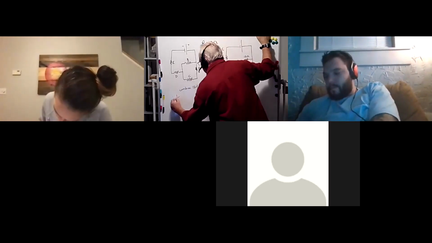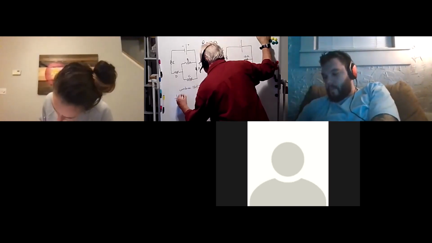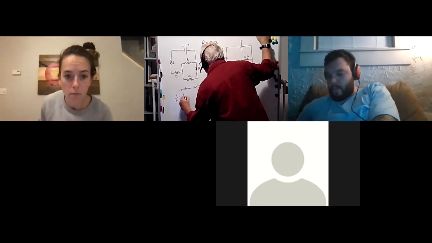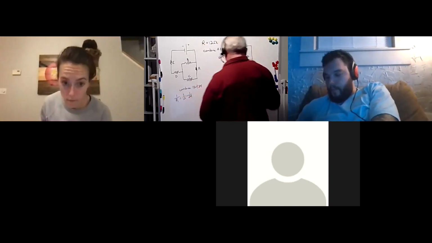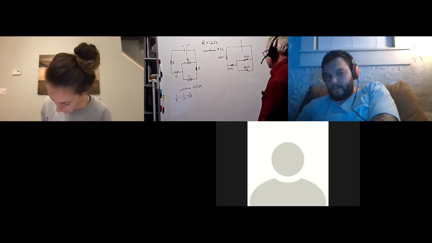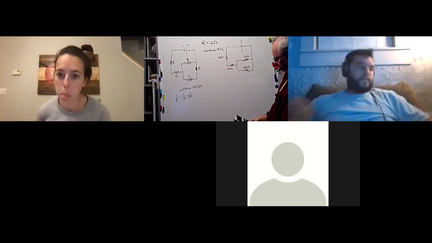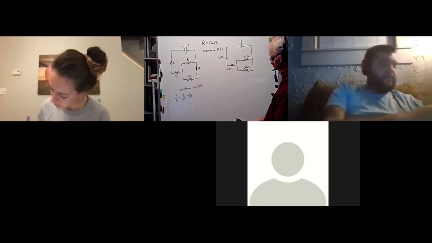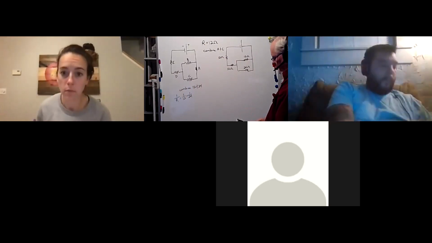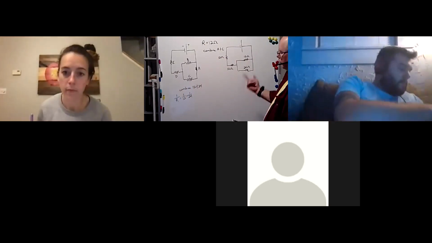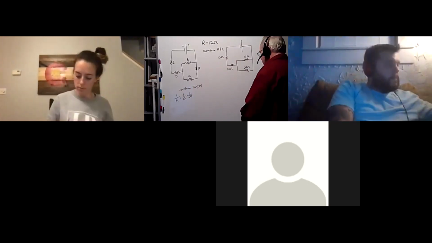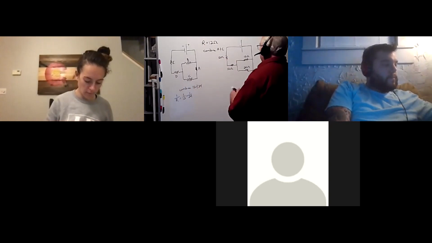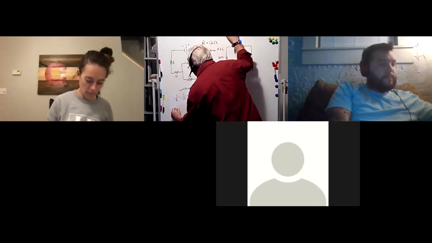So that means 1 over R is going to be equal to 1 over 12 plus 1 over 24. Right, and then don't forget to do the 1 over at the end. So R comes out to be 8.